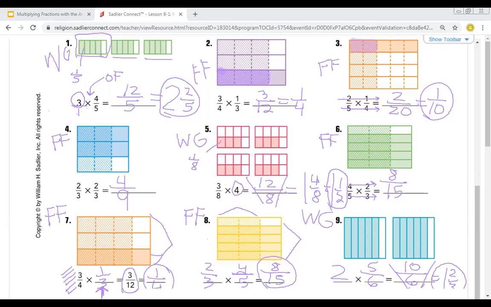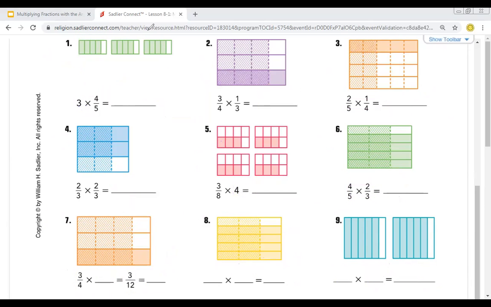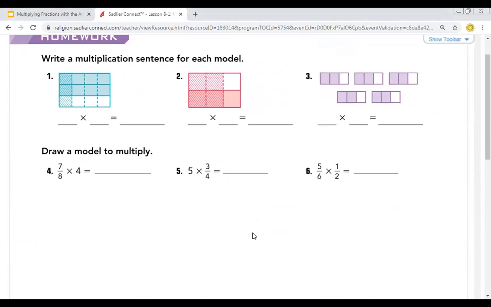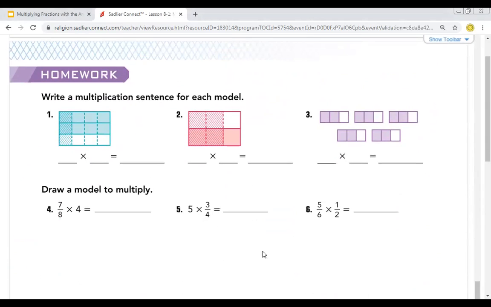Oh my goodness. So for homework, I'm going to see if I can scoot down the page here. For your homework, you are only working on 1 through 6 on the next page. For numbers 1, 2, 3, you are given a model and you have to write the fractions involved and their product.